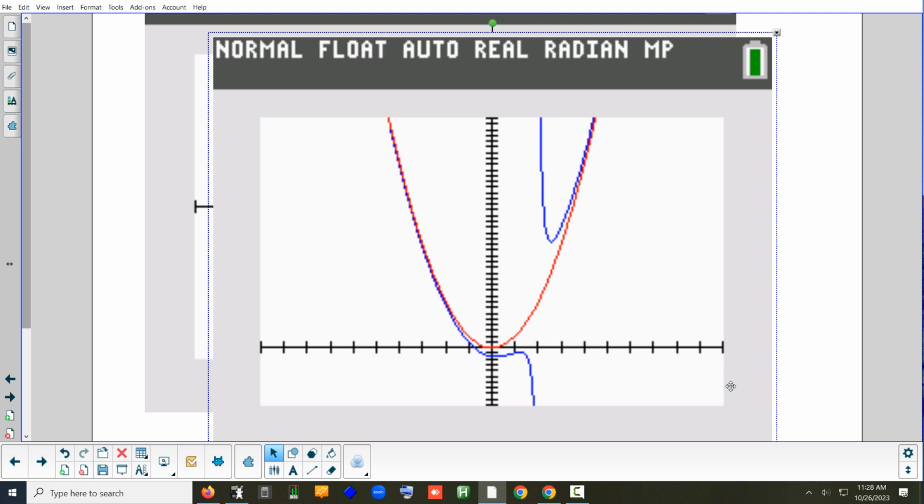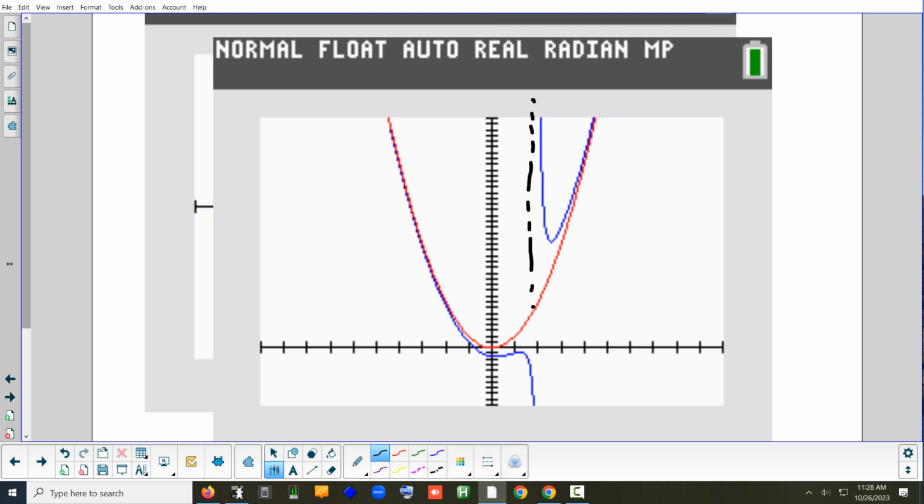So what happens is it's almost like you just cut the parabola at that point and then stretched it and bent one side up and bent the other side down. And that's a pretty typical kind of graph for a quadratic asymptote. And that's what I'm going to show you how to sketch. It really isn't that much different than sketching what we did yesterday. It really involves just plotting some points.